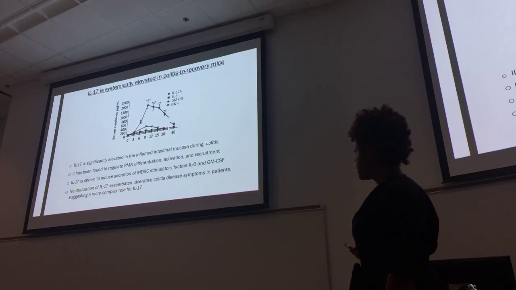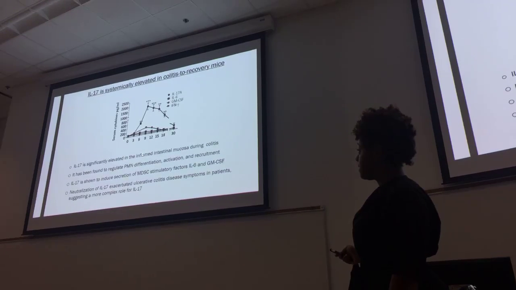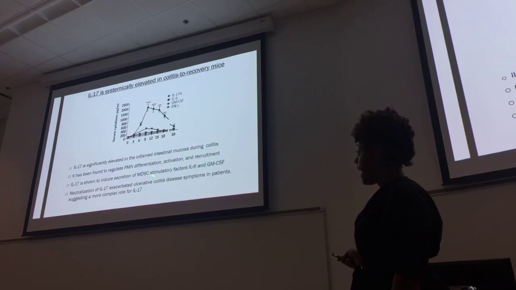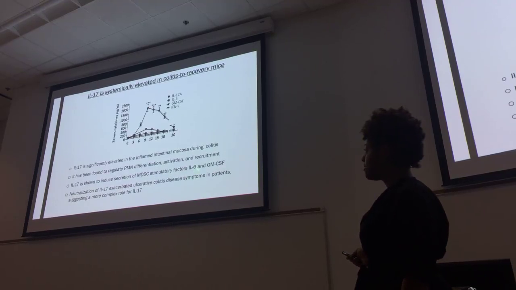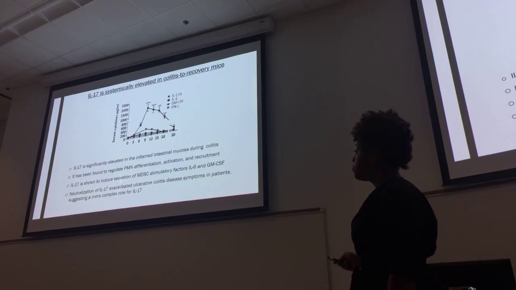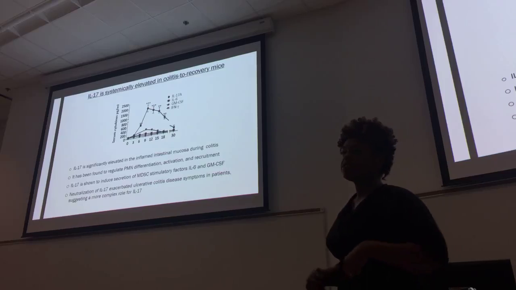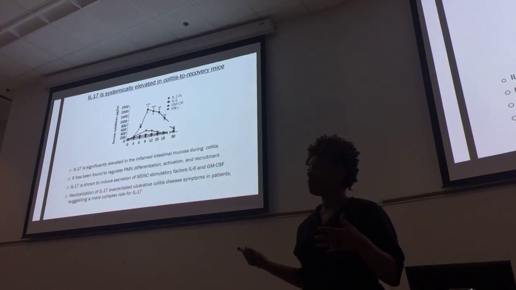In the literature, it is significantly elevated and found to regulate PMN differentiation, activation, and recruitment, and induce secretion of MDSC stimulatory factors, especially IL-6 and GM-CSF. Its neutralization in chronic colitis patients actually exacerbated the disease. So all of this taken together suggests that IL-17 plays a more complex role than originally thought.